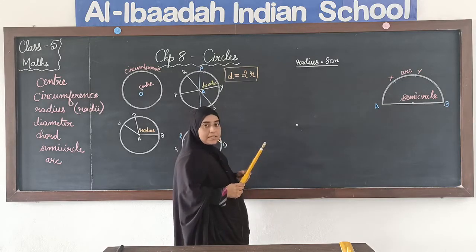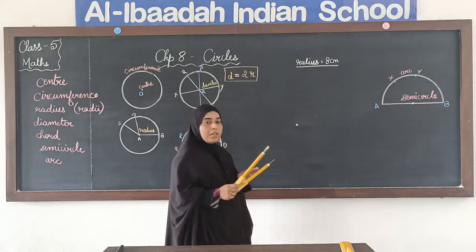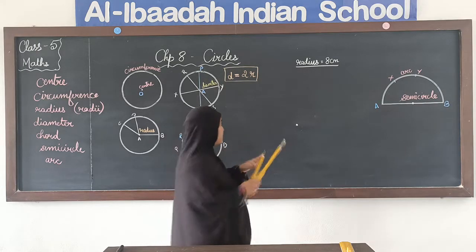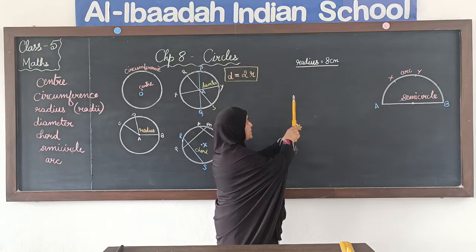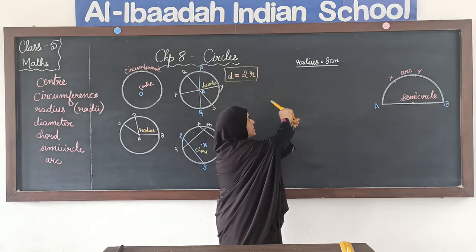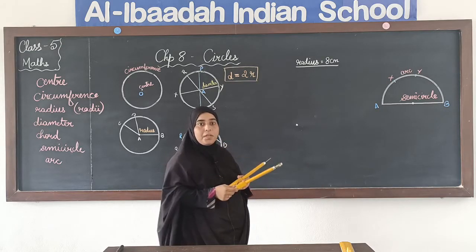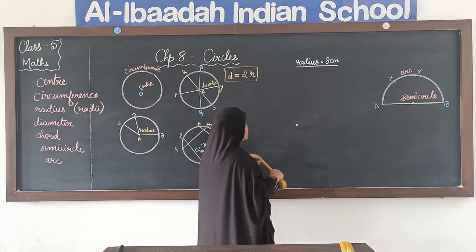On this center, I am going to place the metal end of my compass. I will keep it here like this and I will move the second side of the compass around to form a circle. So let us do that.